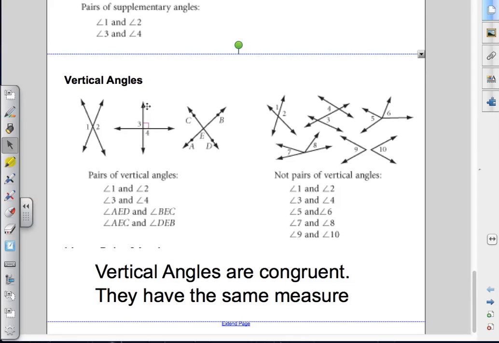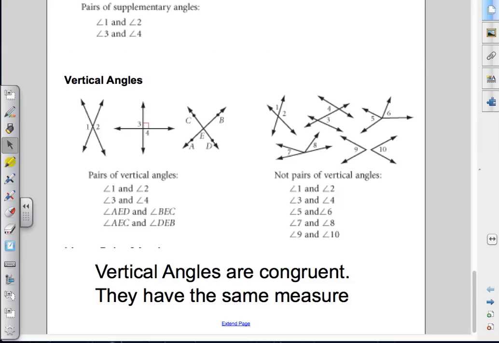Here I have two perpendicular lines. I know they're perpendicular because they're creating a right angle, making 90 degrees. And they're saying that 3 and 4 are vertical angles. Here I have two intersecting lines, and they're saying that angle AED and angle BEC are vertical angles. Let me point that out a little bit clearer.